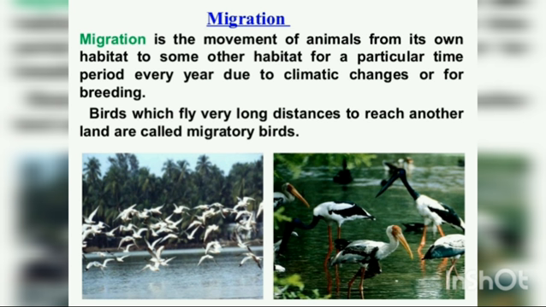Those names will be written in the red data book. The book provides a central information source in organizing studies and monitoring programs on rare and endangered species and their habitats. So it is regularly consulted when developing and implementing special measures for the protection and rehabilitation of such species, children. So this is all about red data book and migration.